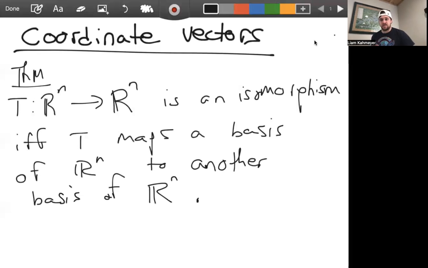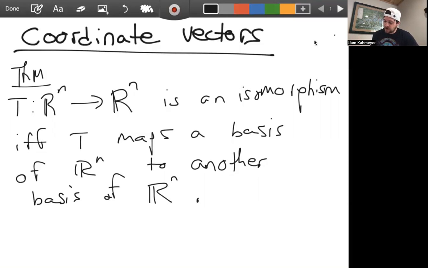So we had this theorem that said if you have an isomorphism, it takes a basis to a basis. But now we're specifically looking at maps of Rn into itself. These maps are isomorphisms if and only if they take a basis of Rn and map it to some other basis of Rn. We've seen something like this theorem, but here's the result specifically for maps of Rn into itself.